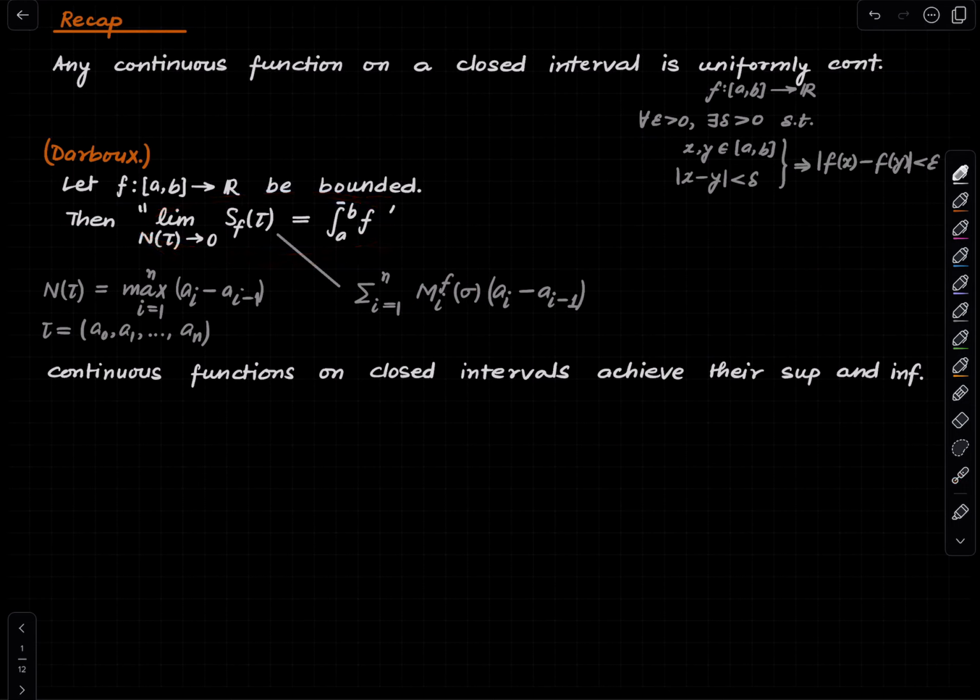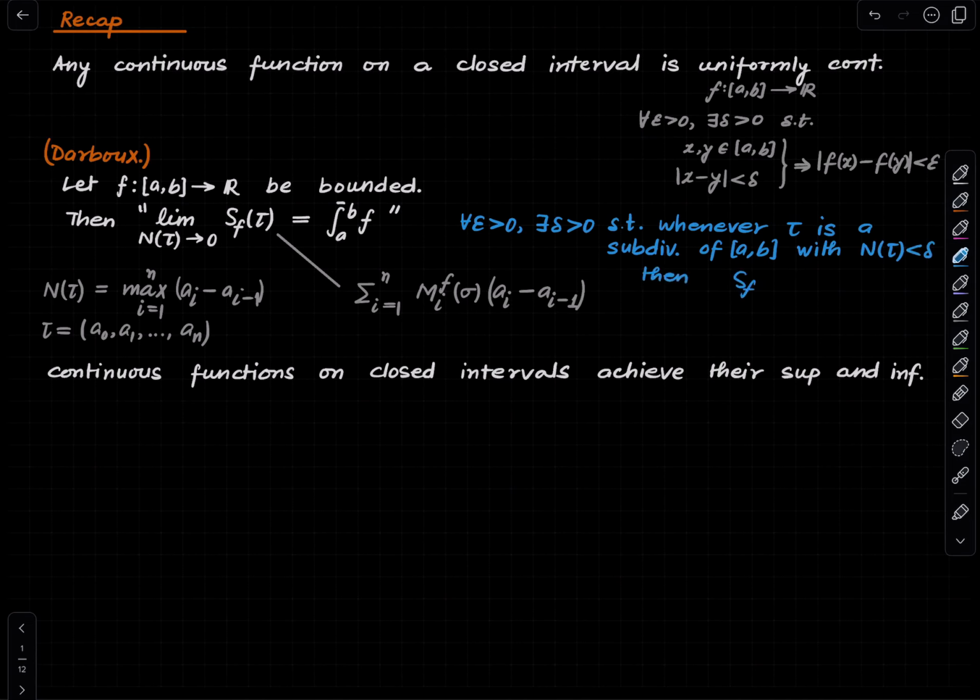The formal statement of this same thing is that for each epsilon greater than 0, there is some delta greater than 0 such that whenever tau is a subdivision of the domain with the property that its norm is smaller than delta, then the upper sum corresponding to tau and the upper integral of the function, they are epsilon close.